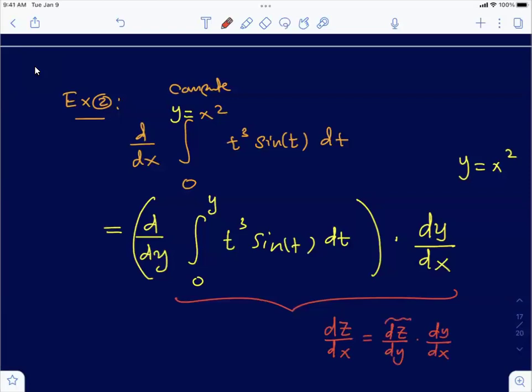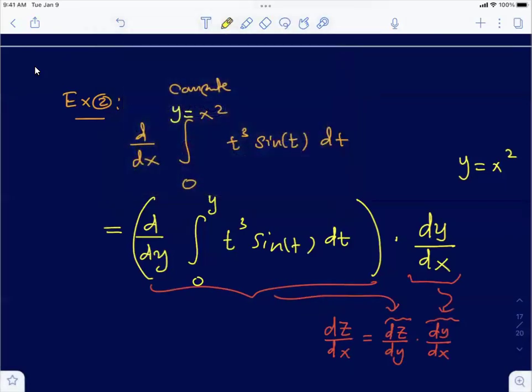What you see right here in these two pieces are respectively what appeared on top. So this component is the first one, and this one is the second one. Now with this, what do we have?